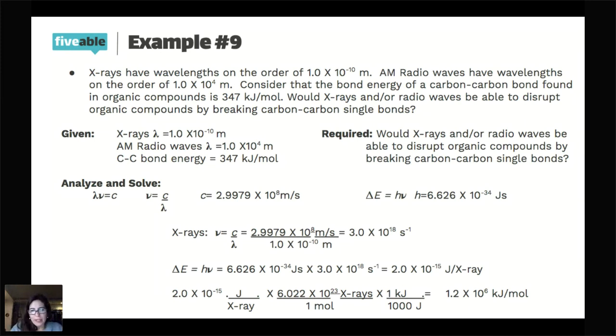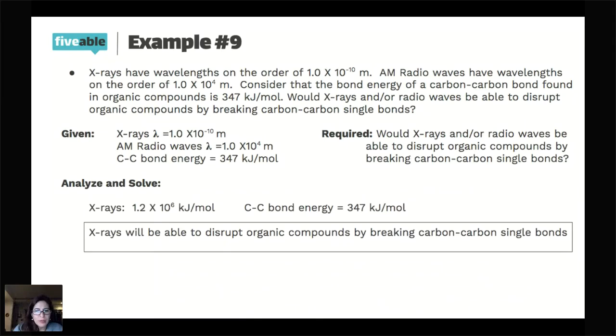Now that we have kilojoules per mole, it's easy to compare to the carbon-carbon single bond energy. Since the energy of X-rays in kilojoules per mole is much, much larger than the energy of carbon-to-carbon single bonds, we can conclude that X-rays will be able to disrupt organic compounds by breaking carbon-to-carbon single bonds.